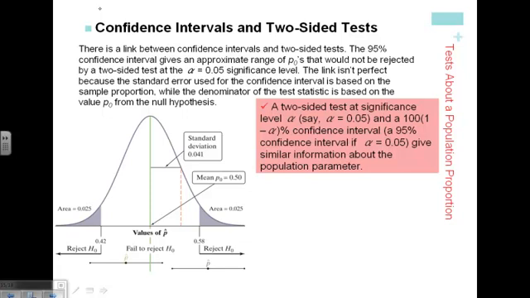Now, if you do a two-sided test, there is this relationship with the two-sided test and the confidence interval. We know that if our p-hat lies in here, that would lead to the conclusion, fail to reject. Sorry, no. If it's really extremely far away, it's a reject H0.